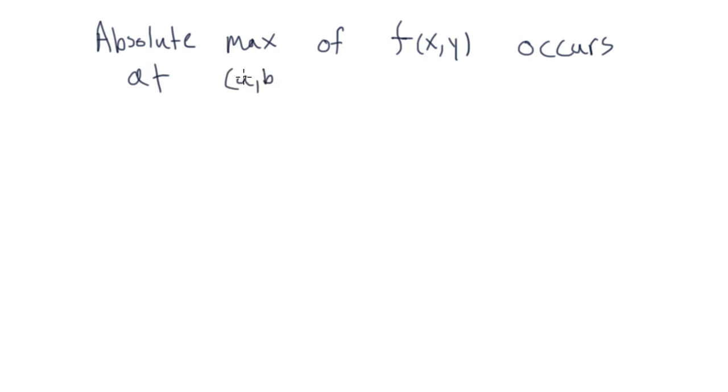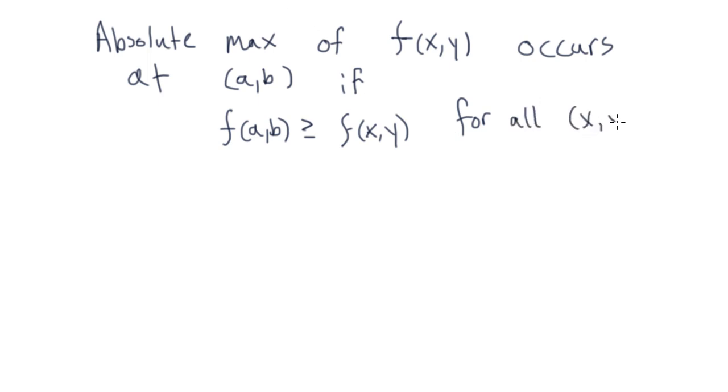So an absolute max of a function of two variables occurs at a point (a, b) if f(a, b) is greater than or equal to f(x, y) for all points (x, y), not just in some small disk around (a, b), but for all points (x, y) in the domain of f.